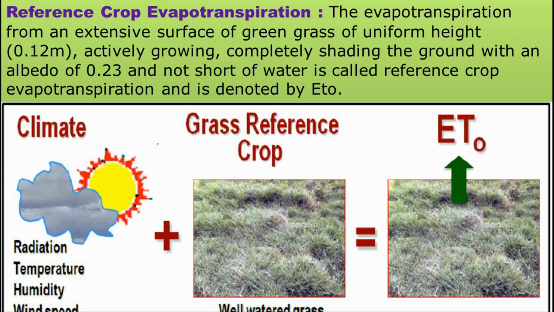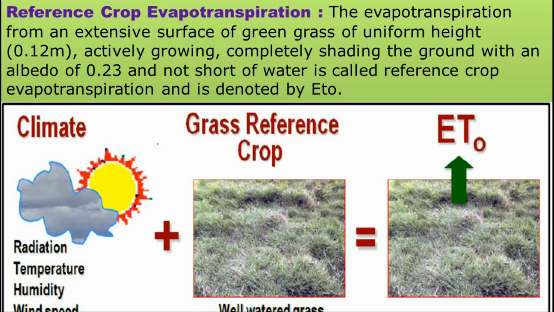Reference crop evapotranspiration. The evapotranspiration from an extensive surface of green grass of uniform height, actively growing, completely shading the ground, with an albedo of 0.23 and not short of water, is called reference crop evapotranspiration and is denoted by ETo.